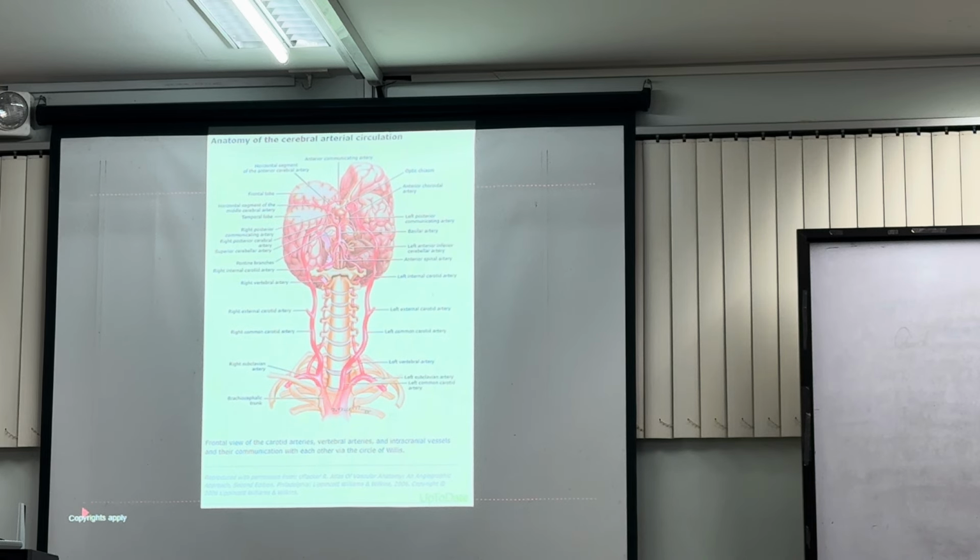Can it also be from a vessel in the lower limb, an embolic stroke? Or only from the heart and the carotids or the vertebrals? Can a stroke come from the lower limbs? This is a big question.